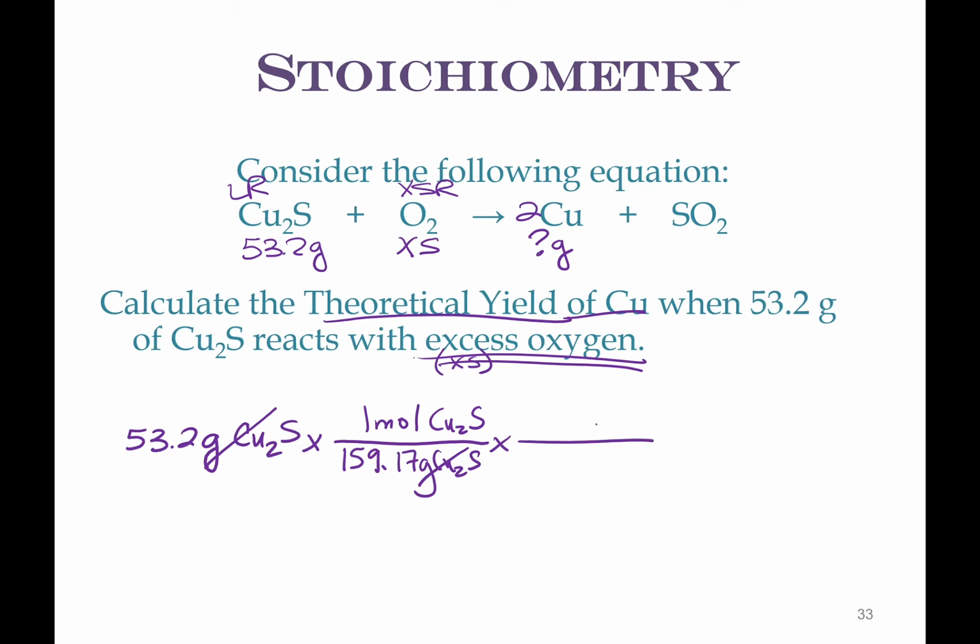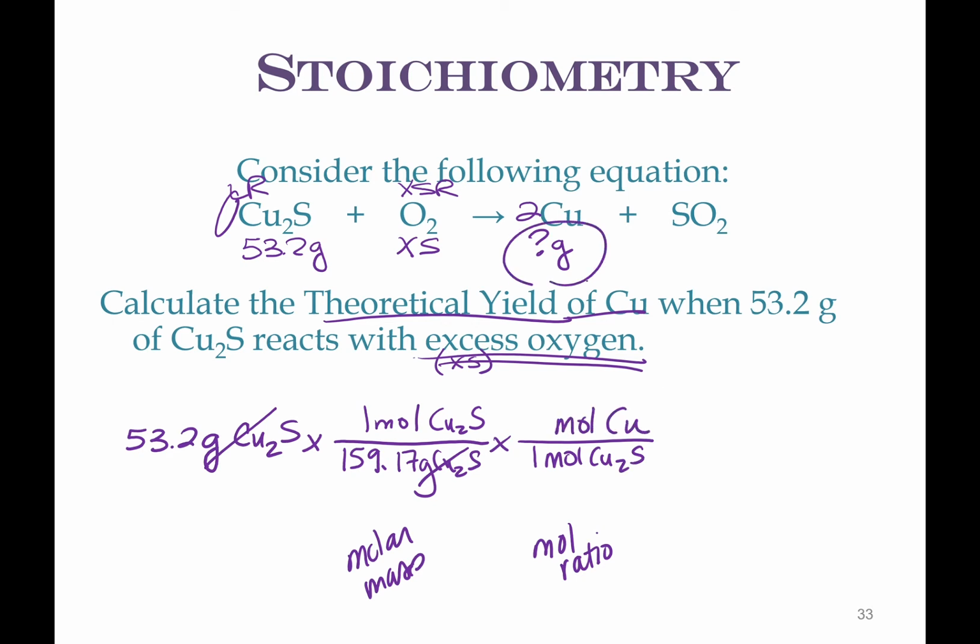Now we need the mole ratio. So this is molar mass, mole ratio. So I have 1 mole of Cu2S for every how many moles of copper is what I want to go to, the question mark. And I have a 2.